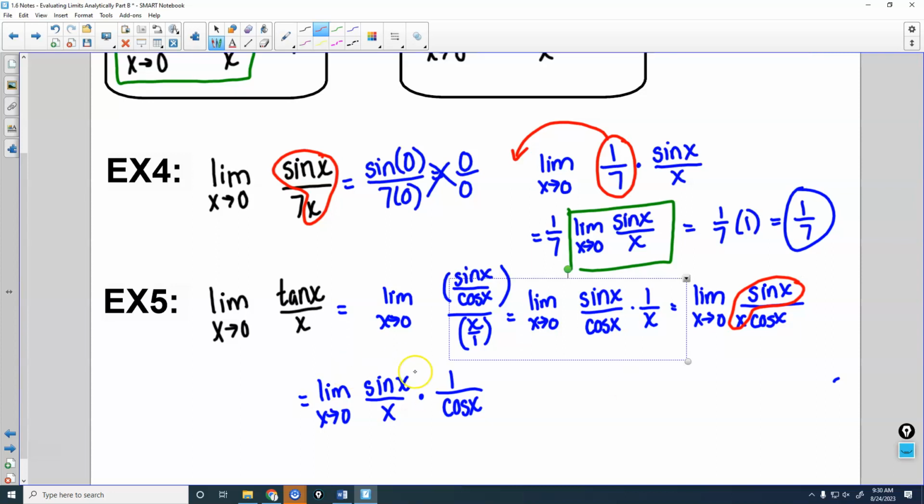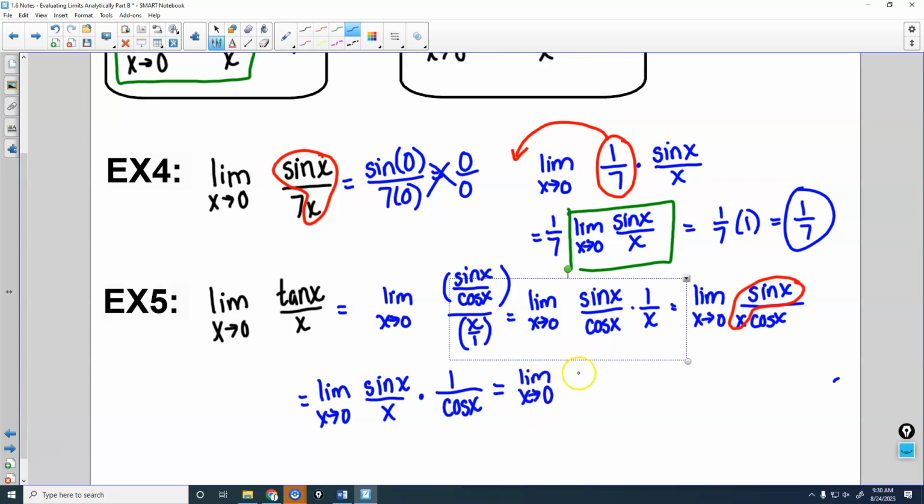Okay, so now this is a little bit different than the last problem because that was just a coefficient, so we could pull it out. This has an x. We cannot just pull it out. But our properties of limits told us if I have the limit of something times something else, I could just do the limit of the first times the limit of the second, right? So I'm going to write this. This is overkill, but I'm going to do it just to be very clear what's happening here.